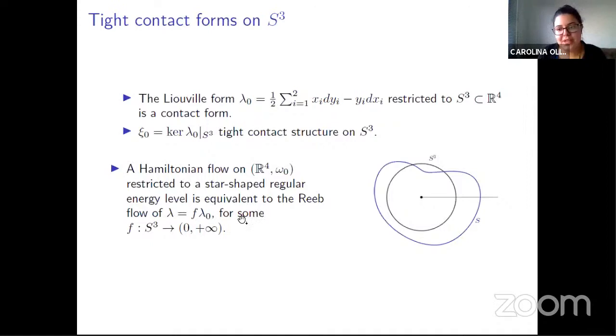So basically, every time I say something about a Reeb flow associated to a tight contact form, you can think about a Hamiltonian flow restricted to a star-shaped regular energy level. Okay.